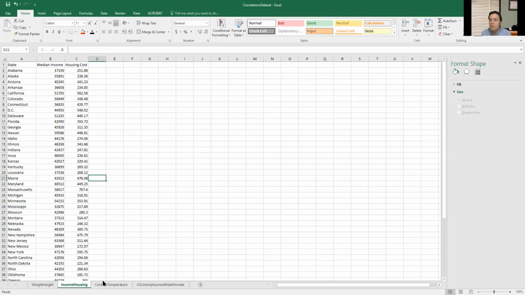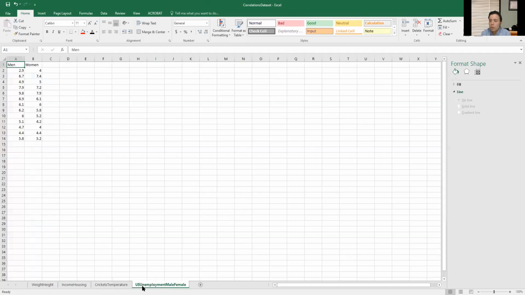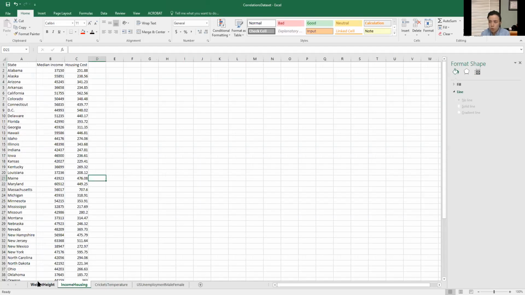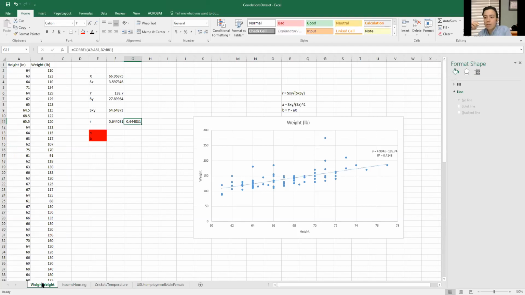You should try to do the same thing for the other 3 data sets that you have over here: income, housing, crickets, temperature, and US unemployment, male and female. The questions are written down in the assignment that I opened on Leah. I put the deadline for tonight, but you can hand it in anytime before Tuesday, but try to do it as soon as possible, so that you practice a little bit, think about it, and then you can move on to something else. Is that okay for everybody? If so, please raise your hand.